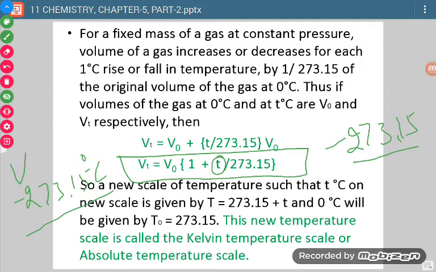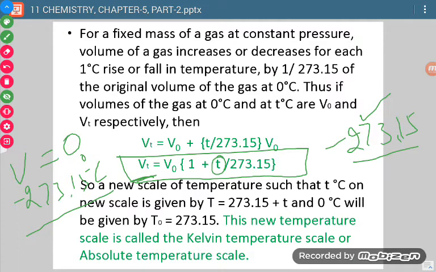Okay, what will be the volume? So here Vt will be replaced by V minus 273.15 degrees Celsius is equal to V naught within bracket 1 plus, here when I will write minus 273.15, then 273.15 and 273.15 will cancel and 1 minus 1 will come. 1 minus 1 means 0. It means V at this will be equal to 0.